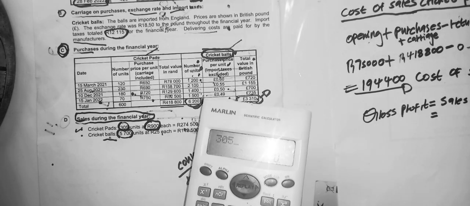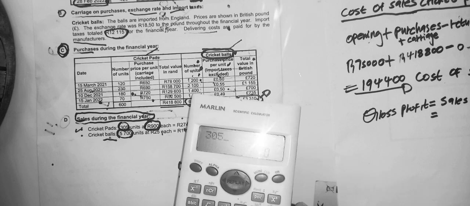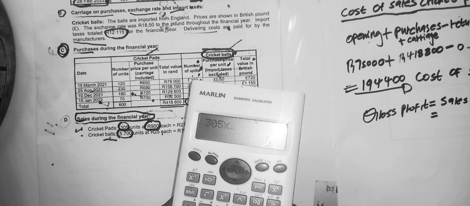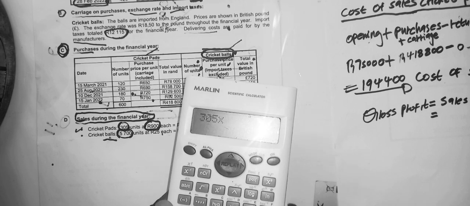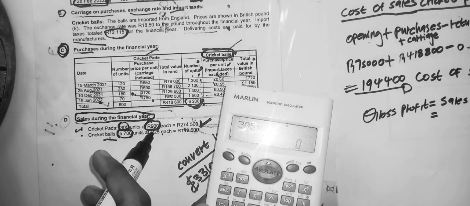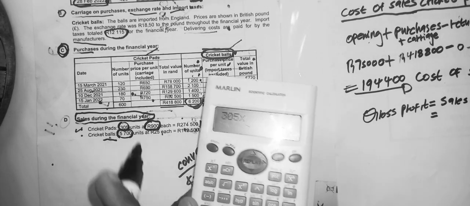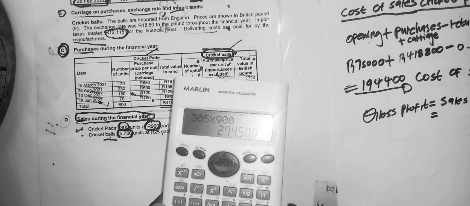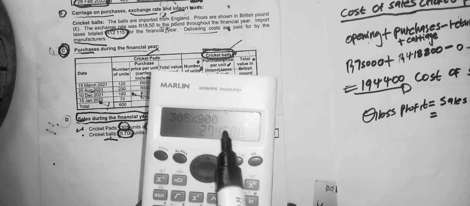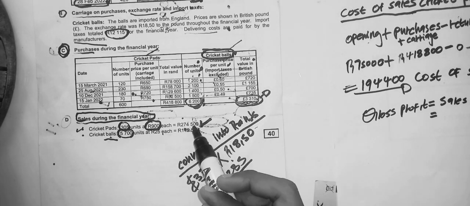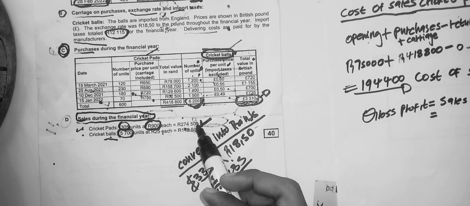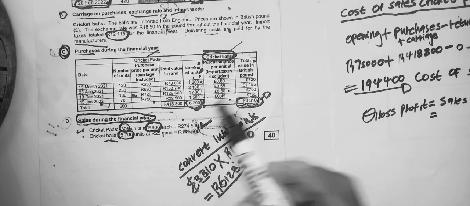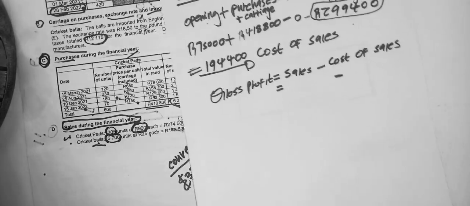They said we sold 305 cricket pads. And how much was the selling price for each cricket pad? Each cricket pad we were selling for 900. So we say 305 times 900. Then we get the total sales of 274,500. That's the total sales of 274,500, right? So we're going to write it here under sales.